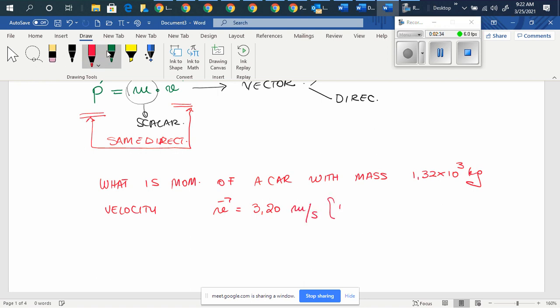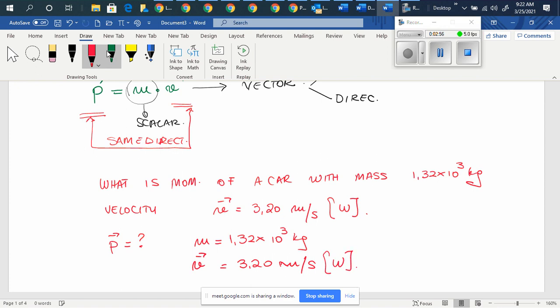going west. So in this case, what we are looking for is momentum, and what is given is the mass of the car as 1.32 times 10 to the power of 3 kilograms, and the velocity is 3.20 meters per second going west.